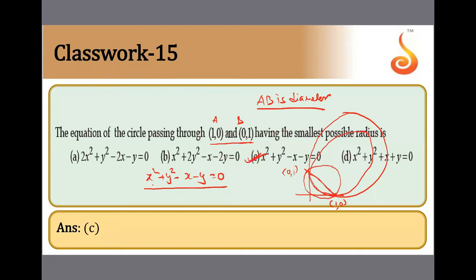Option C. Clear? Can I move further? Yes, so many circles are possible, but the smallest circle will always be where AB is a diameter.